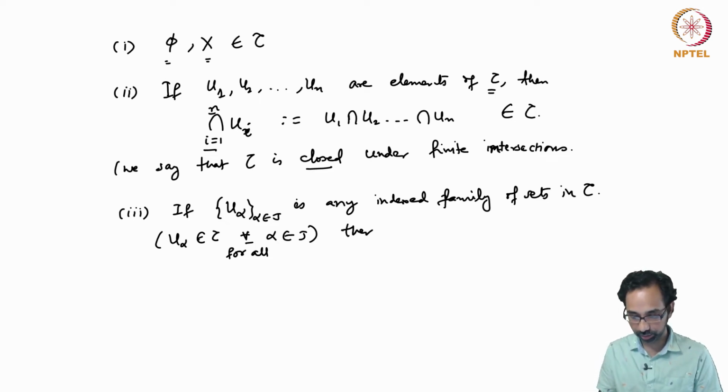Then the union over alpha in J of u alpha is also in tau.